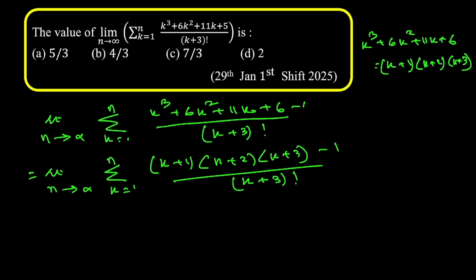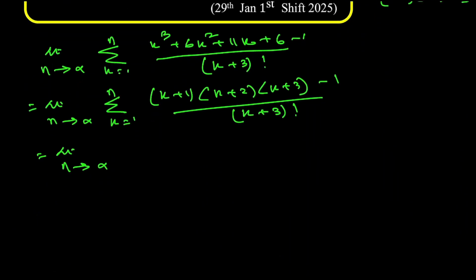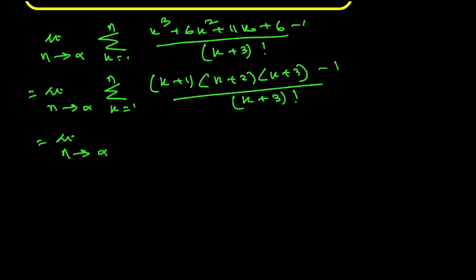So now we can write this as limit n tends to infinity, summation of k equal to 1 to n, 1 by k factorial minus 1 by k plus 3 factorial. It's a very nice question, everybody. You notice one thing, then it will be easier for you to understand.